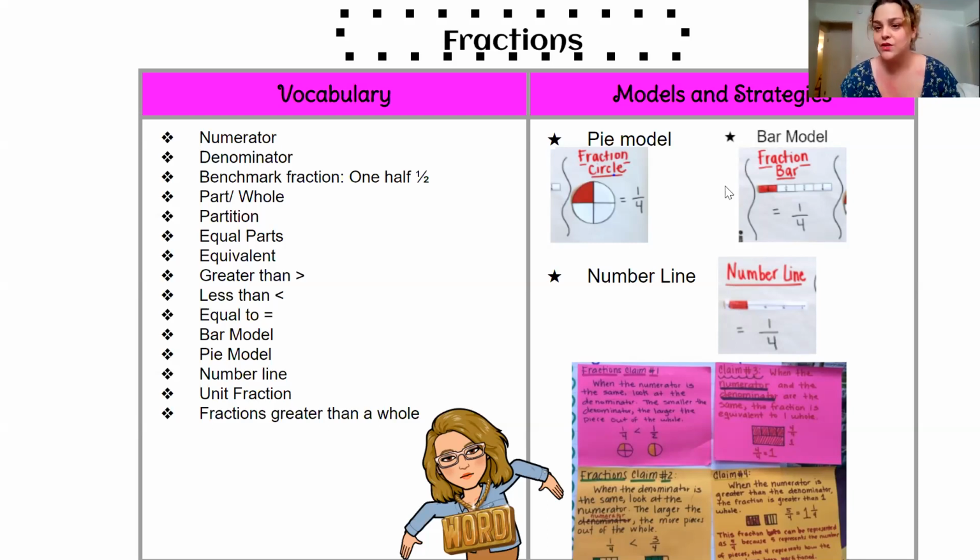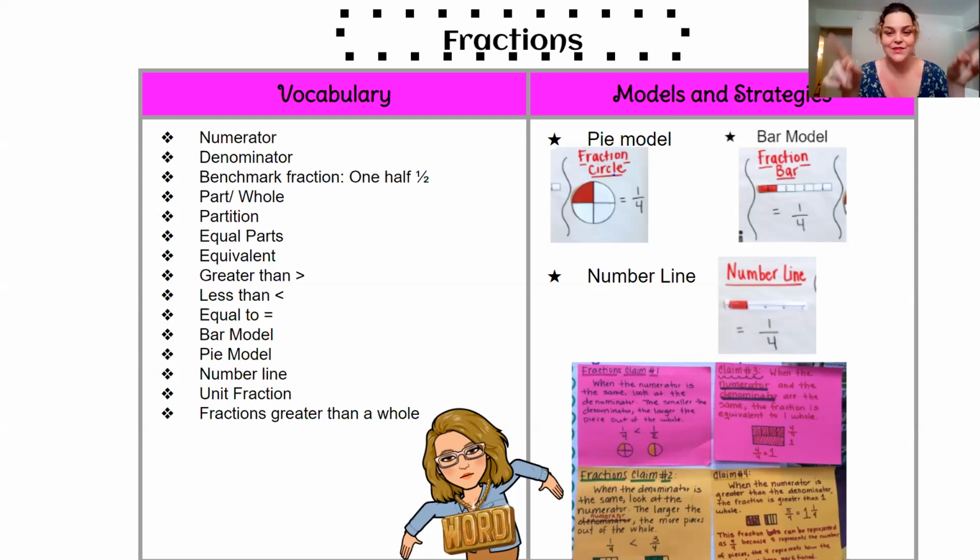And some of the models and strategies that we've utilized are pie model, which is an awesome model. As third graders, we really want to make sure that we have equal parts, because that's when we can make mistakes. If we don't partition our pie model equally, it can mislead us, right? It can give us the wrong answer if we're not partitioning equally or correctly.